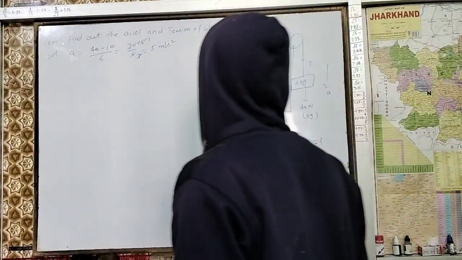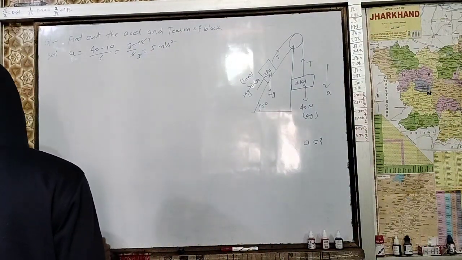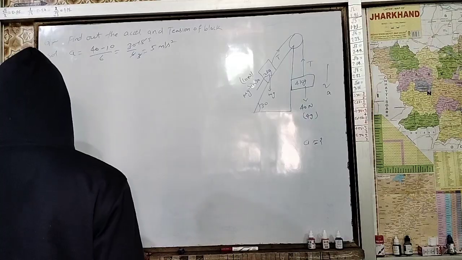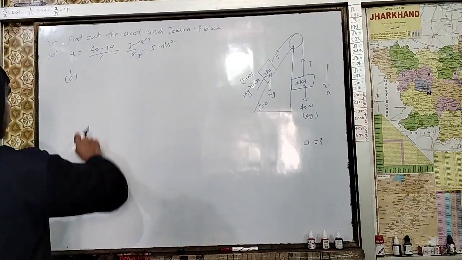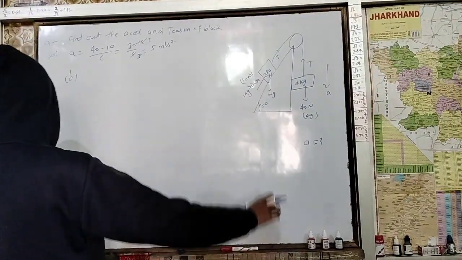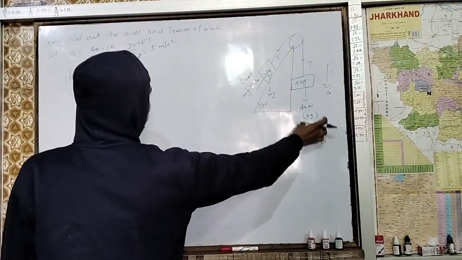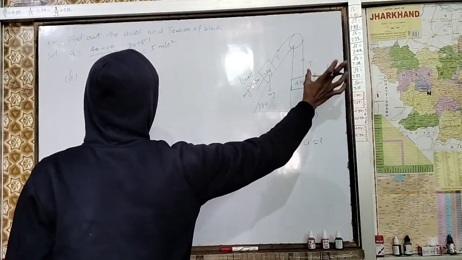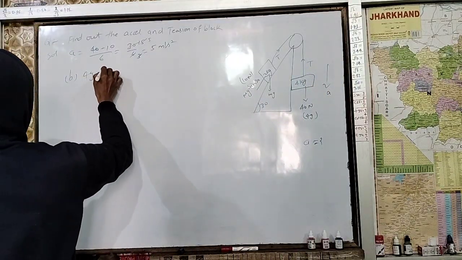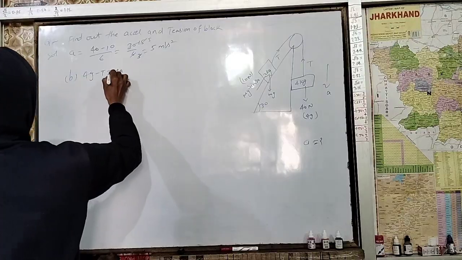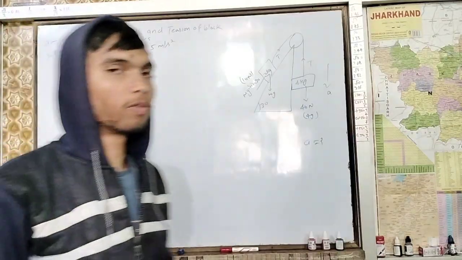So g is... tension. For tension, 4g minus T will be equal to 4a. From here you will get tension.